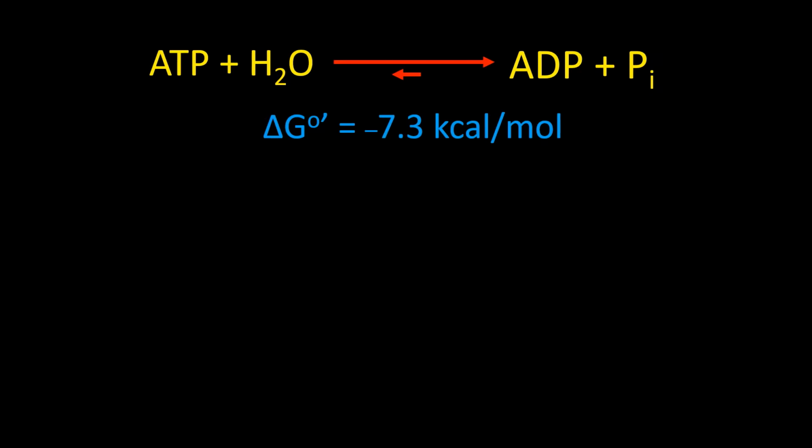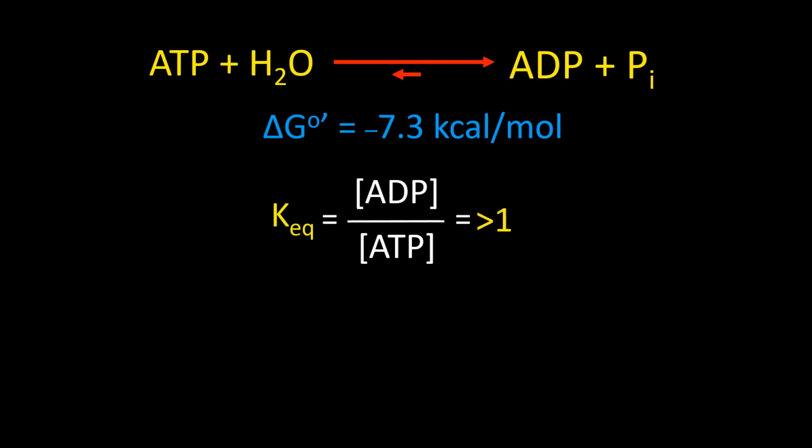Notice that the free energy of this reaction is negative 7.3 kilocalories per mole, meaning to say that this reaction in the cell is very much spontaneous, or is very much favorable in terms of thermodynamics.